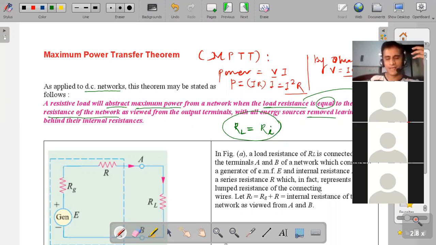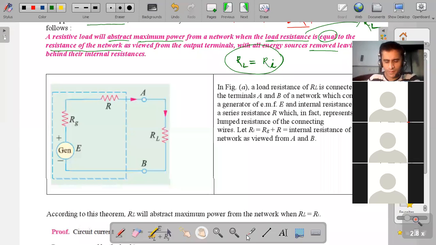Now see the circuit diagram for this. Dear student, this is a power source, or electromotive force generator, or voltage source, connected to resistance Rg.